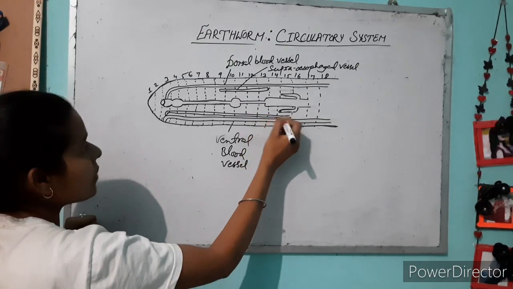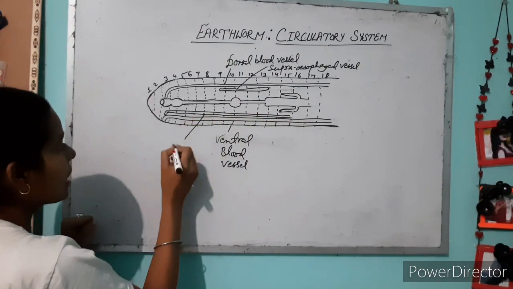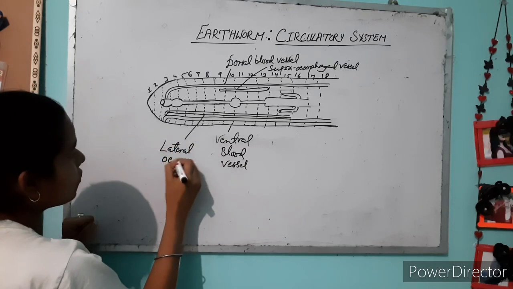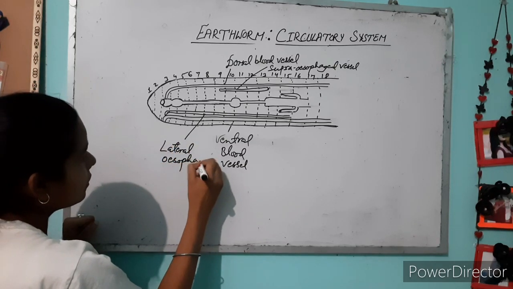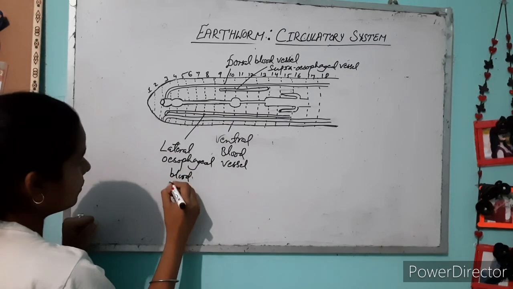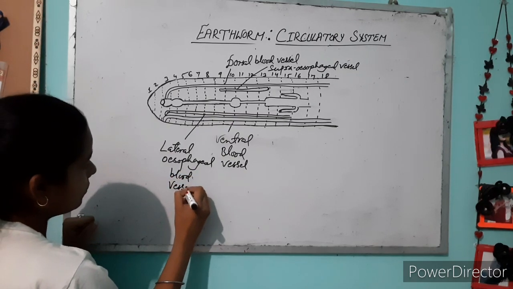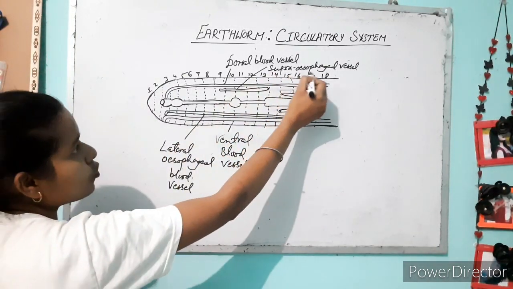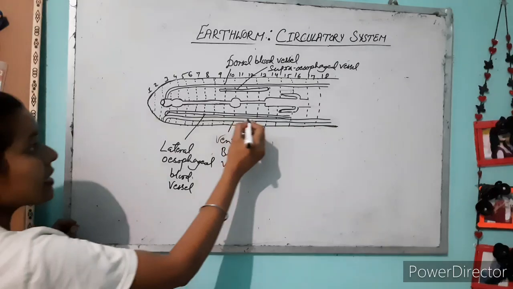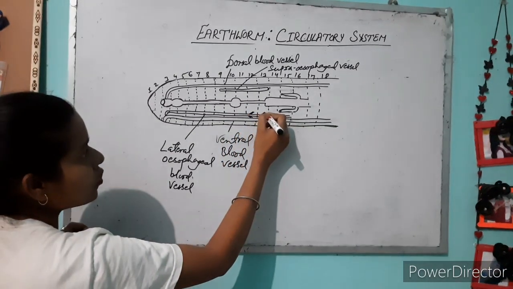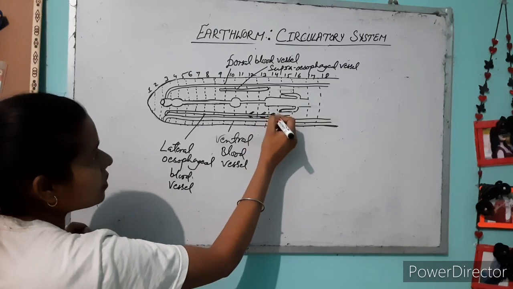This tube is known as the lateral esophageal blood vessel. Okay, this is the lateral esophageal blood vessel, and that one is the supraesophageal blood vessel. Whenever you see this tube, you will find the branches.